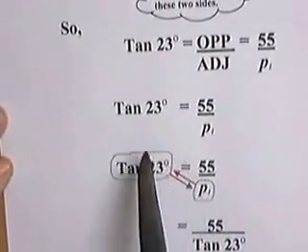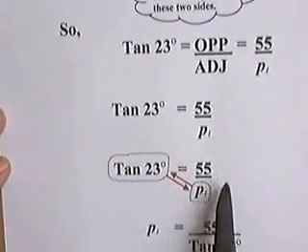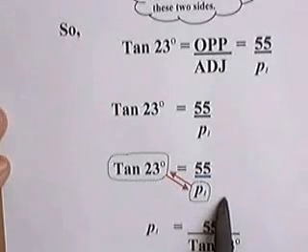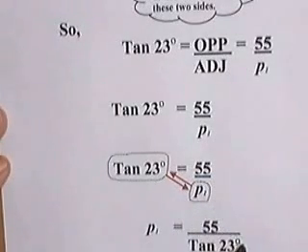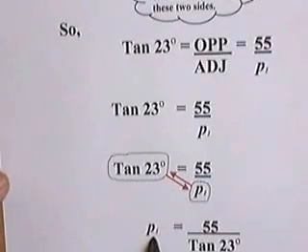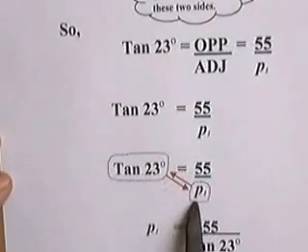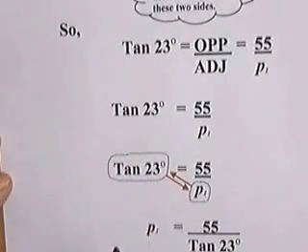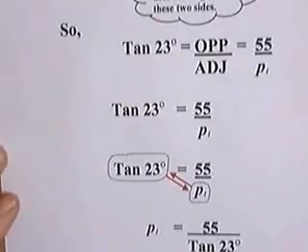If you're unsure about this, use the method that your teacher has probably taught you, and you'll eventually get to this little equation here with P1 as your subject. But if you can get your heads around this little bit of cross multiplication, it will save you a lot of time.